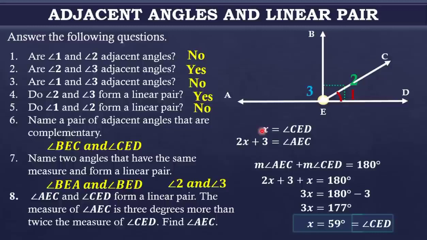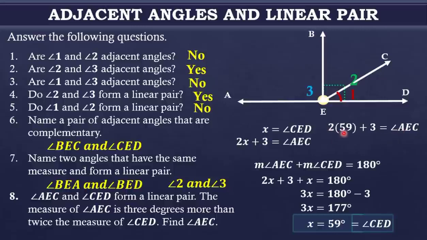Now, paano natin makukuha si angle AEC? Yun ang pinapahanap. So, si angle AEC, we have 2x plus 3. So, isa-substitute lang natin itong si 59. So, 2 times 59 dun sa x, ayan, ito siya. 2 times 59 plus 3, that is the measure of angle AEC. Okay?